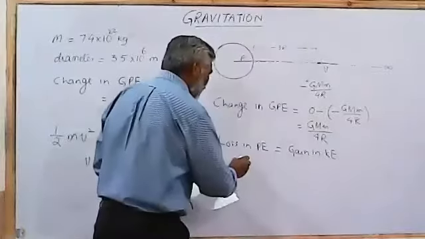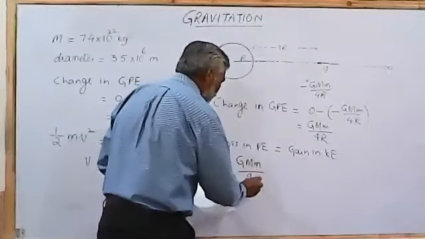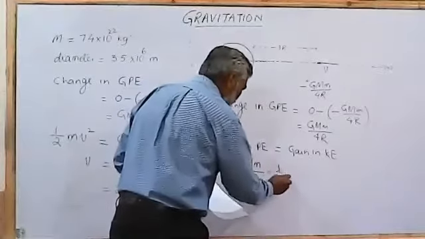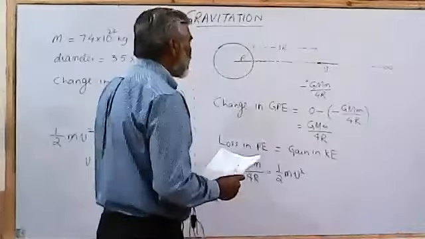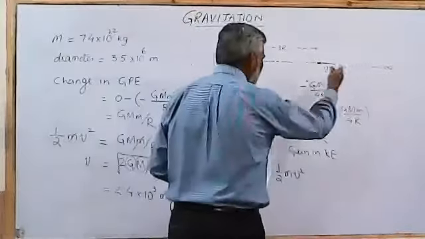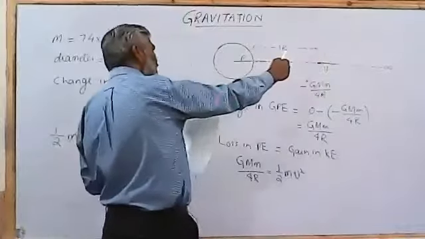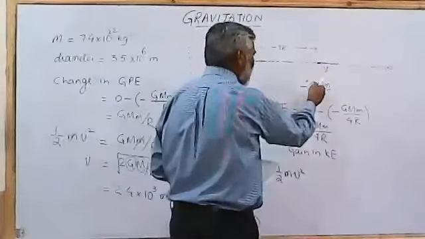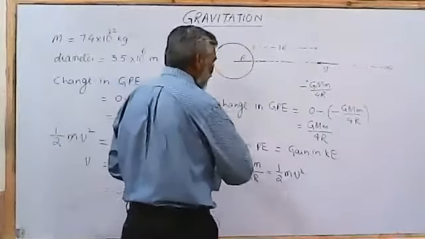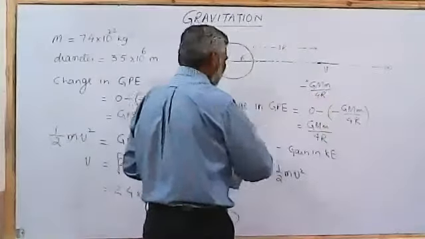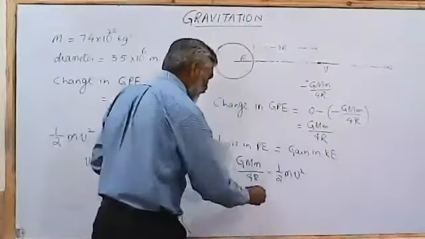In a very simple way, you can calculate the speed that the object must acquire after it has lost a certain gravitational potential energy, starting from infinity to a certain point where the gravitational potential energy is smaller than 0, and therefore it has lost its value, and that loss in potential energy must correspond to some gain in kinetic energy.